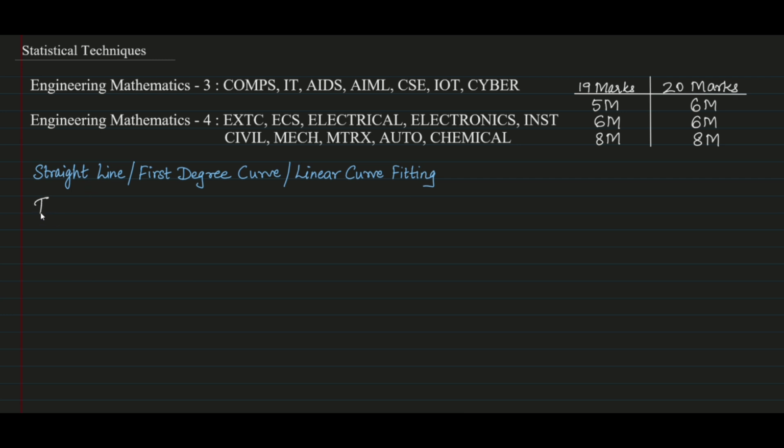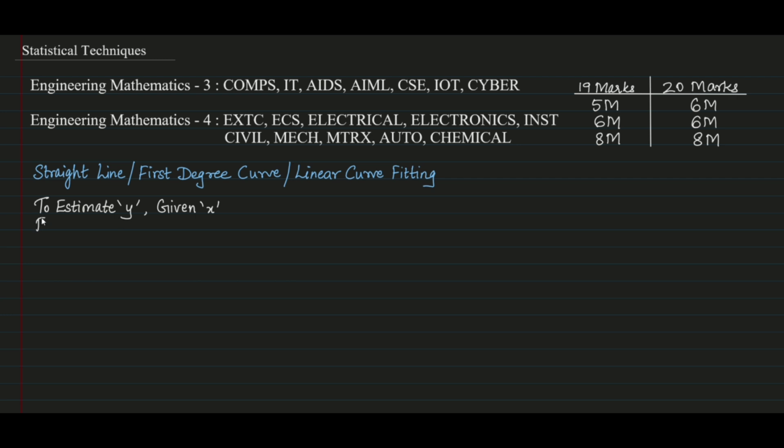Suppose we have to estimate the value of y when value of x is given. So in this case, we will say x to be the independent variable and y to be the dependent variable because we are trying to estimate the value of y when x is given. So x is independent over here and y is dependent over here.